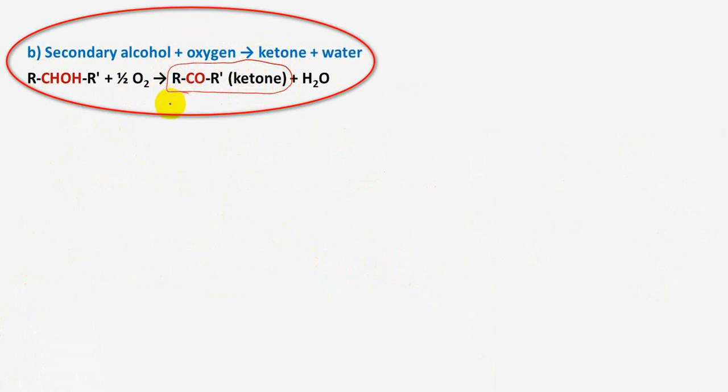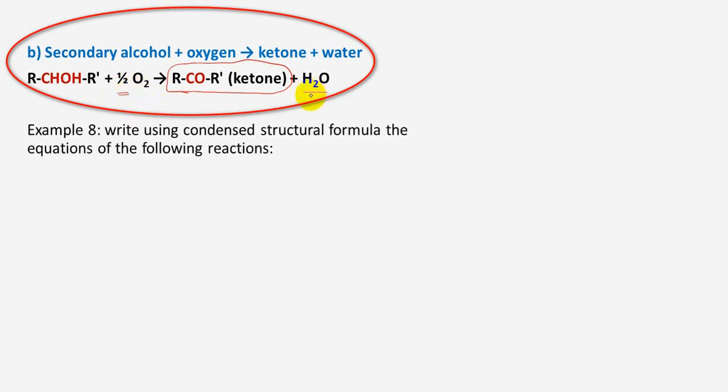There is only one possible product for catalytic oxidation of secondary alcohol, different from primary alcohol. A secondary alcohol in the presence of oxygen, whether there is an insufficient amount of oxygen or even an excess amount, whatever the quantity of oxygen gas, always changes into ketone with a coefficient which does not change. The coefficient of oxygen here is half O2, and the other product obtained is a water molecule.